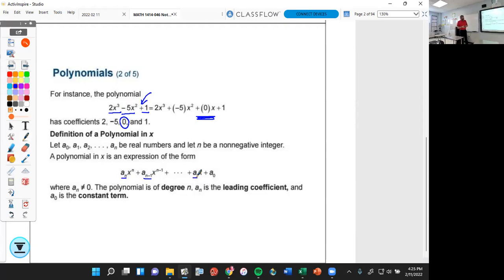The degree starts at n. So n is going to be the highest degree of the polynomial. And if you write it in standard form, you start with the highest degree term, and then n minus 1, and then n minus 2, n minus 3, and so on until you get to the very last term where you have x to the first power, and then of course there's an x to the 0 power.